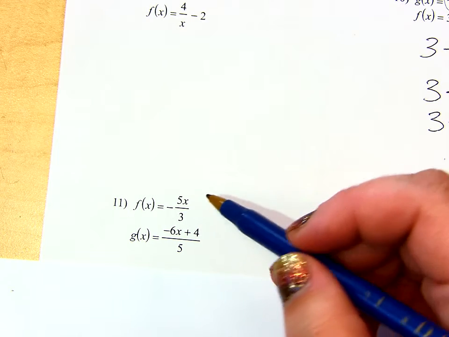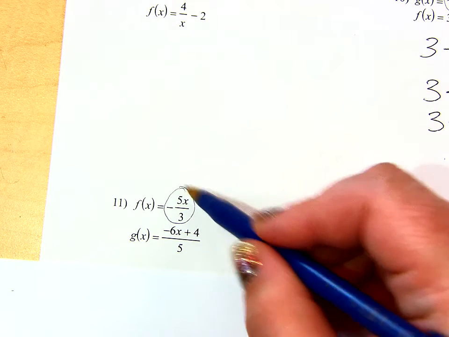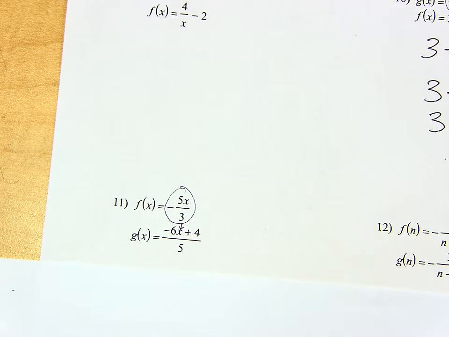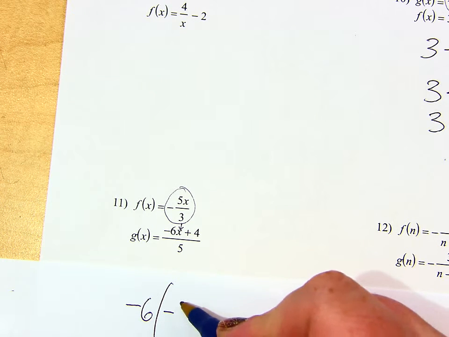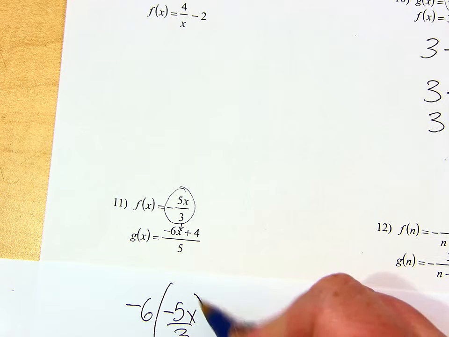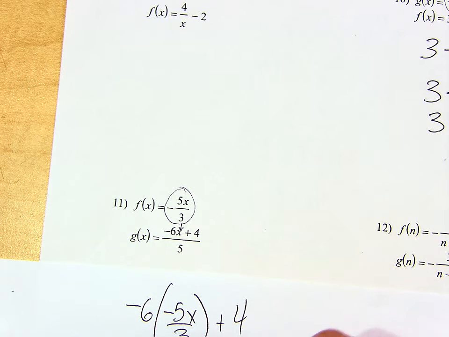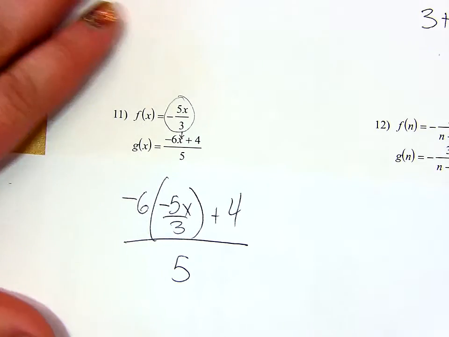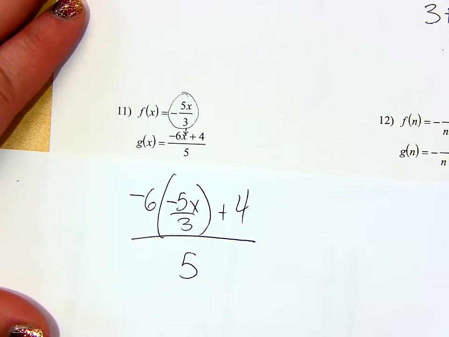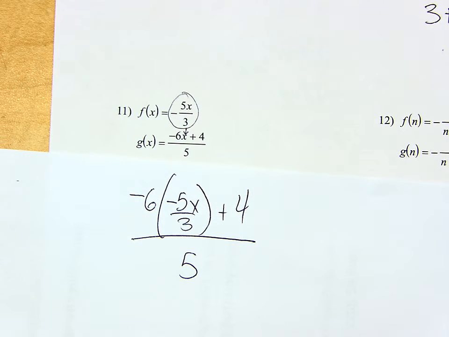So I think it'll be easier to take this one and stick it in there. -6 times -5x over 3 plus 4 all over 5. Does everybody see why I wrote what I wrote? All right, cool. Now I just want to simplify and see if this will simplify down to just be x.